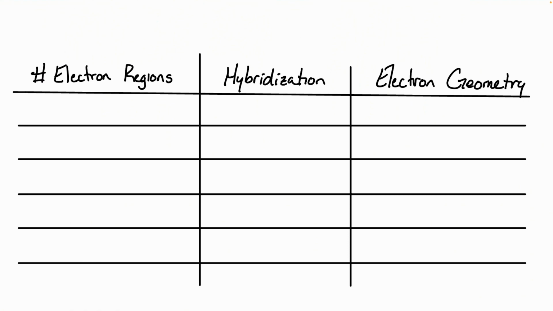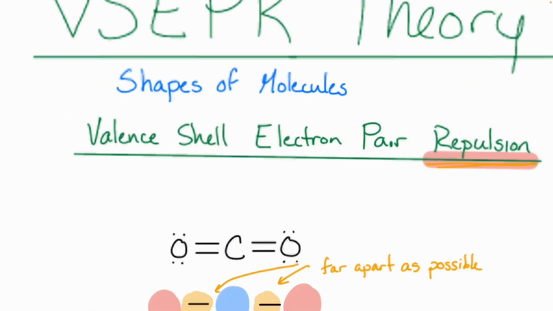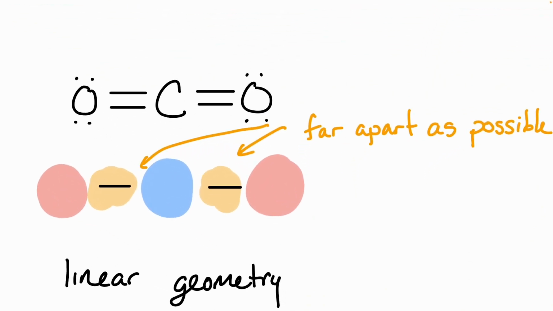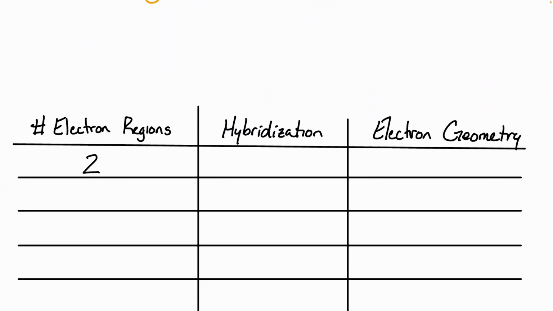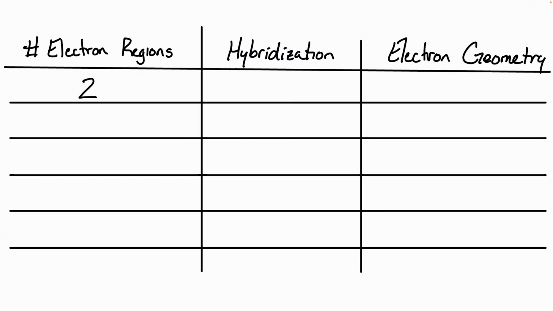All right, so if you have 2 electron regions, like in our first example, carbon dioxide, about that central atom there are these 2 electron regions. This is classified as a hybridization of what's called sp, and this electron geometry is linear. Again, that's everything in a straight line.